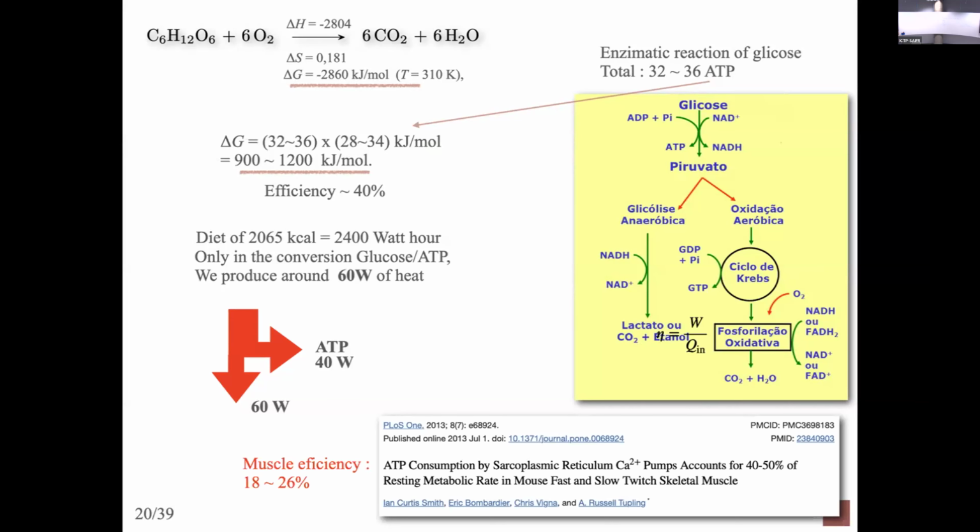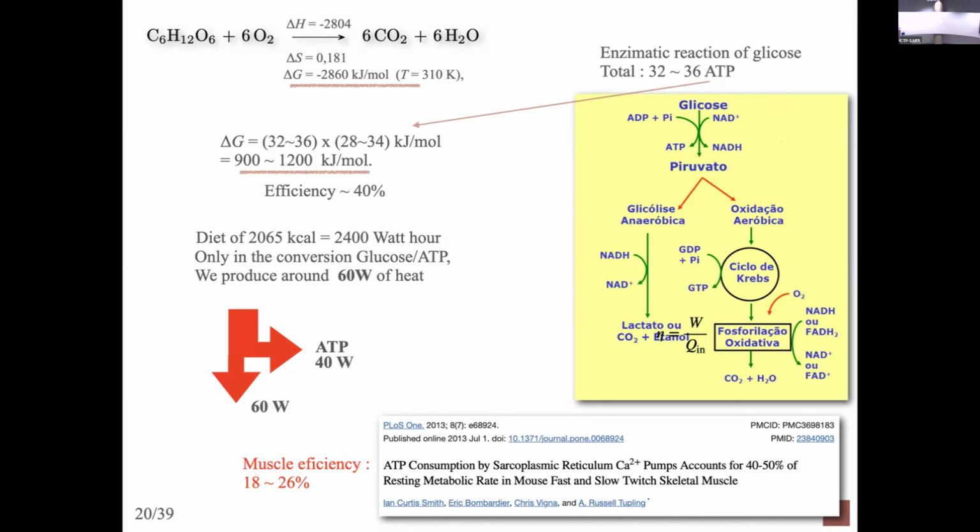But if you go deeper inside, most of this heat comes from membrane channels. So if you look, this is a very specific channel, like a pump, a calcium pump, which is inside the endoplasmic reticulum.